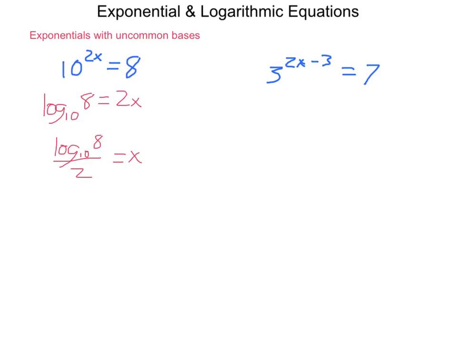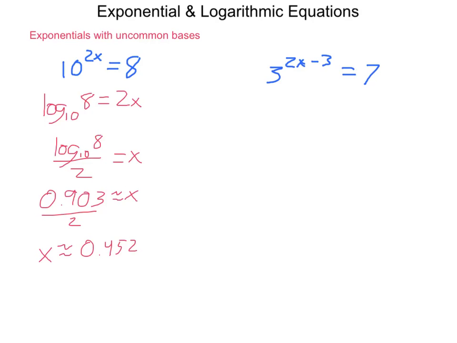So what is log base 10 of 8? And with that I get about 0.903, which is equal to 2x. And then taking that answer and dividing by 2, I come up with x is approximately equal to 0.452. It'd be 0.4515, but rounding I get 0.452.